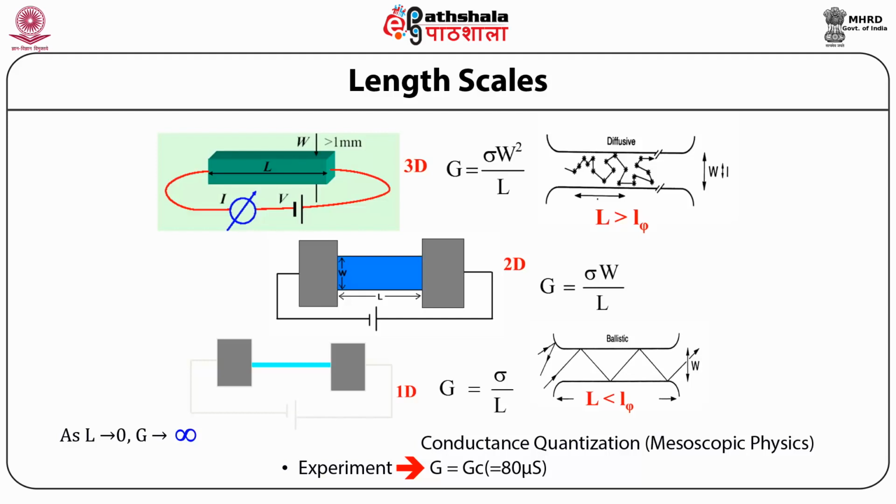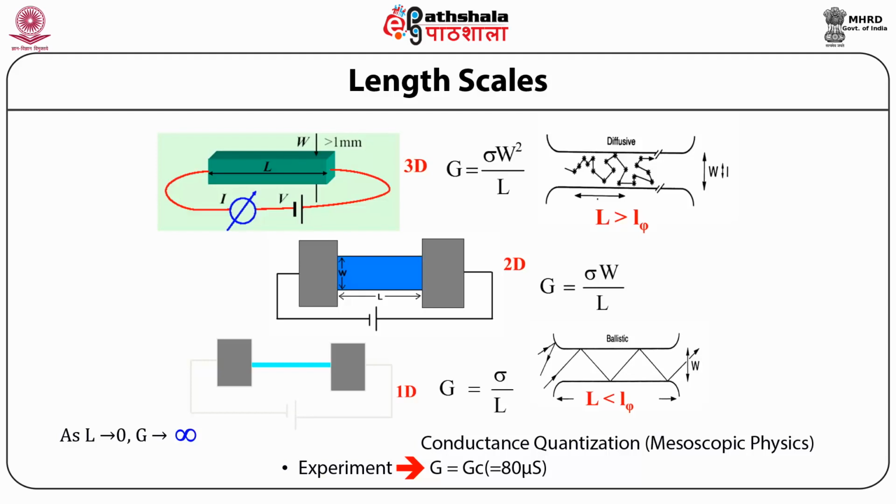This wave-like nature of the electron in mesoscopic conductors leads to many unusual physical properties, which were revealed only after 1988.